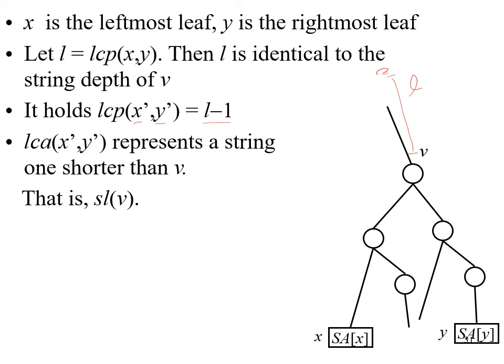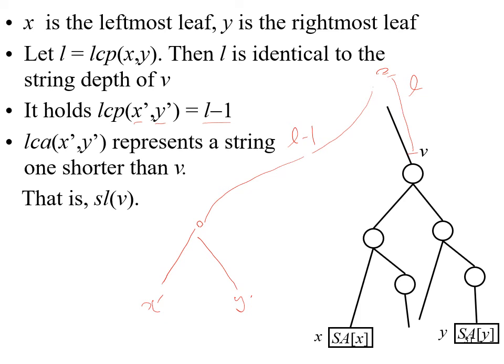So x prime and y prime are somewhere, and the LCP is L minus 1. This means that from the root node, this label is of length L minus 1.